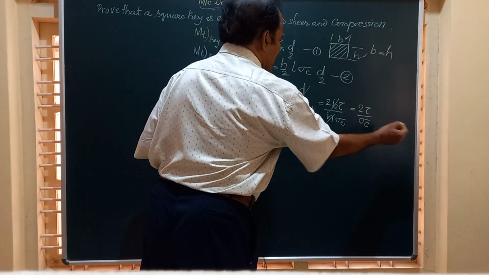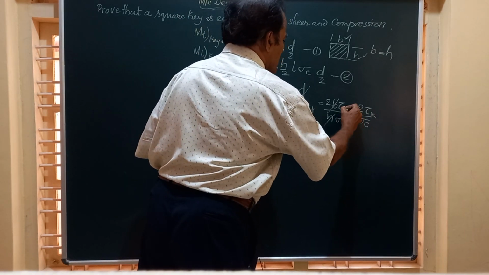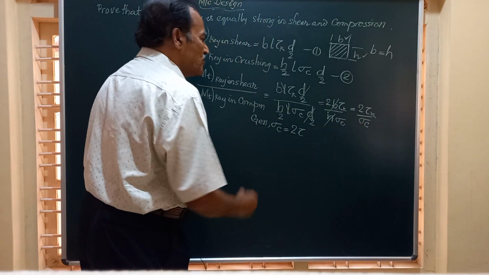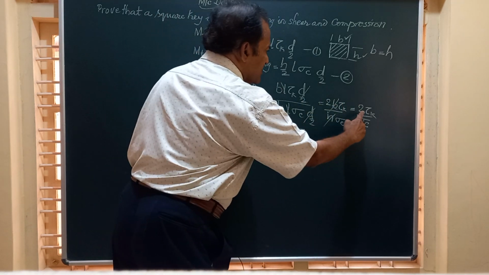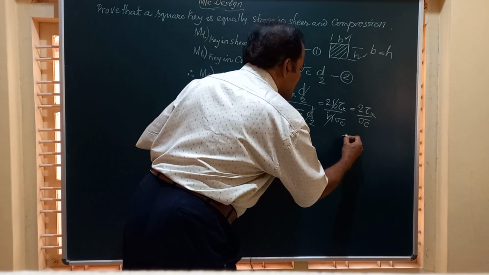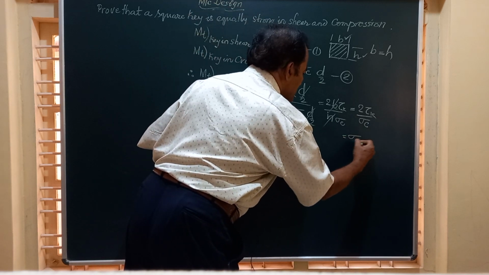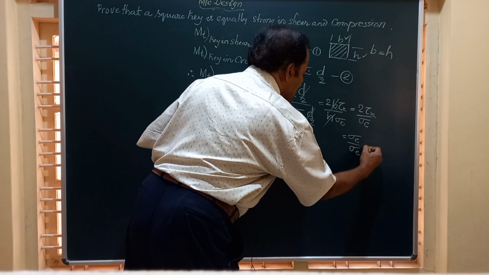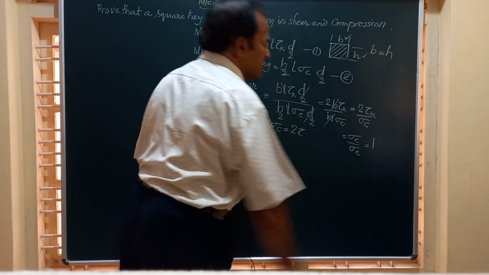Is tau is tau k here? It's all the same. Tau is tau k. So with this assumption, friends, this 2 times tau will be equal to sigma c. And hence this becomes equal to sigma c by sigma c. That is equal to 1.